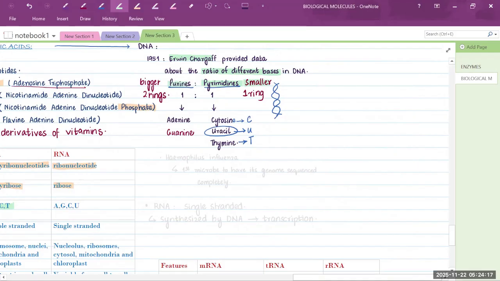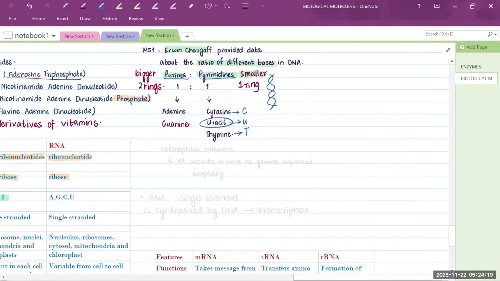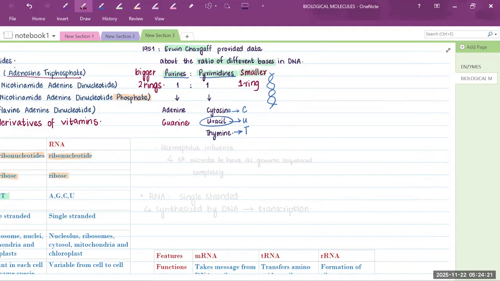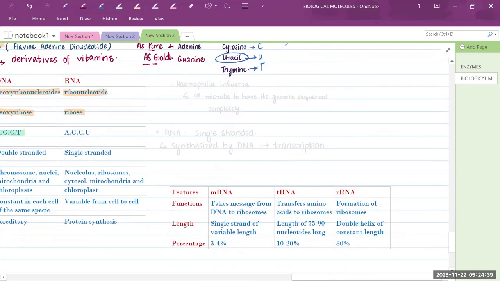That's how I remember it. You can remember it however you want. The mnemonic for this one was 'as pure as gold'. The 'as gold' was adenine and guanine, and 'pure' was for purines. That's how I remember it.